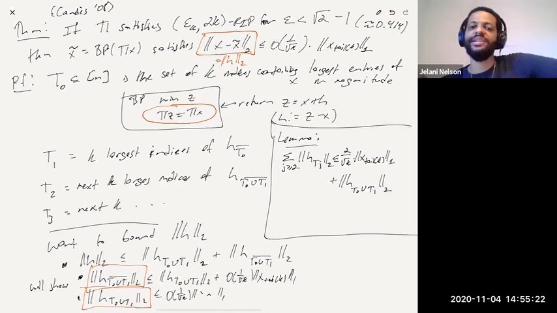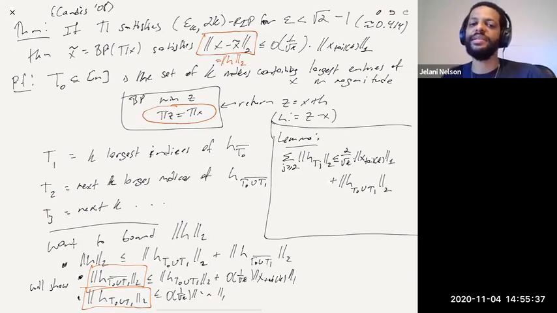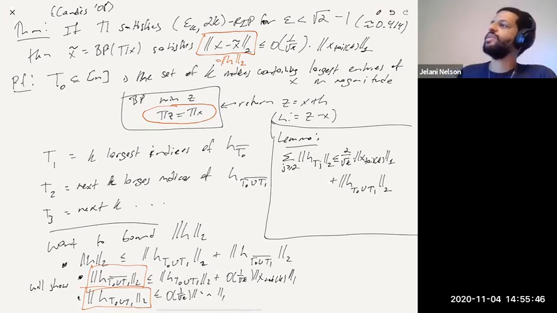Basically it means that the mass is kind of well spread.